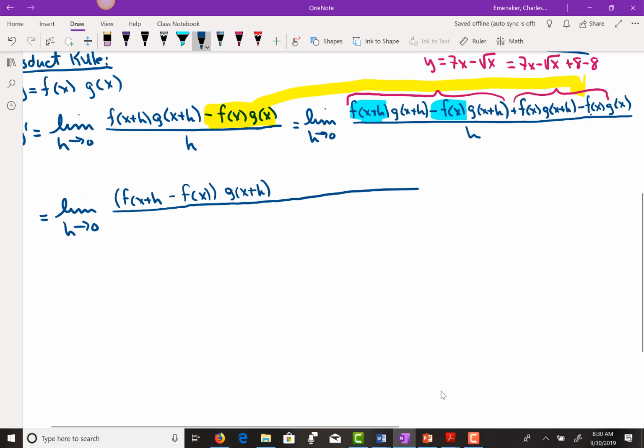So I can put down plus f of x times, now, from the second two terms, when I factor out the f of x, this still has a g of x plus h, doesn't it? And this still has a minus g of x. And it's still all over h.